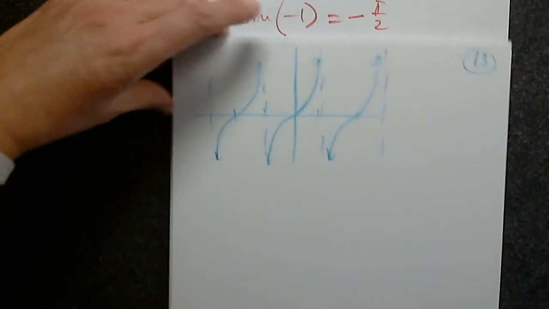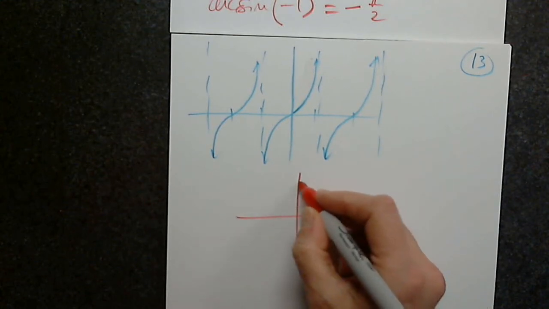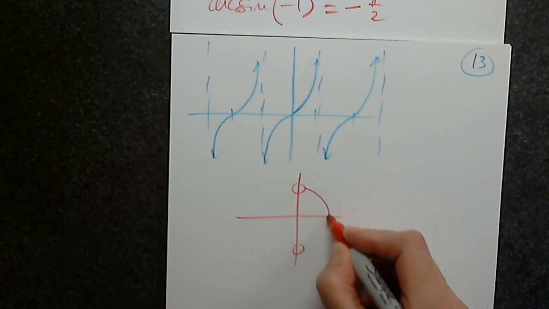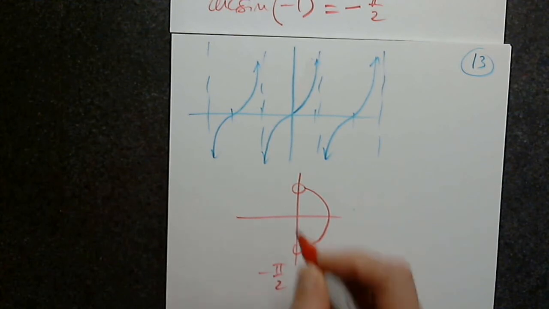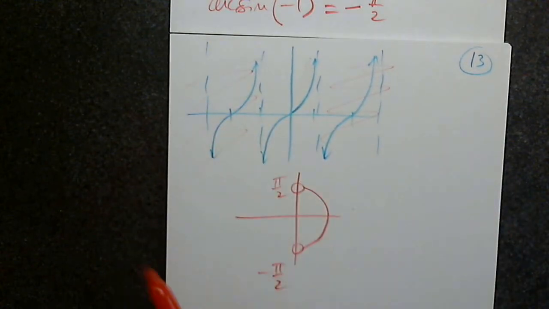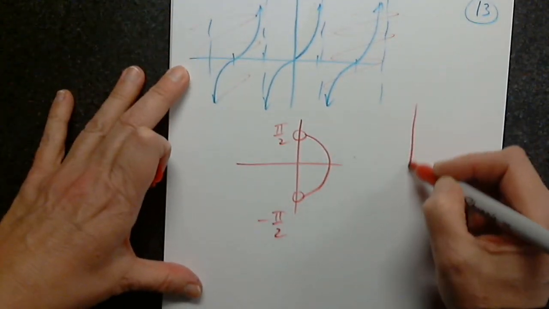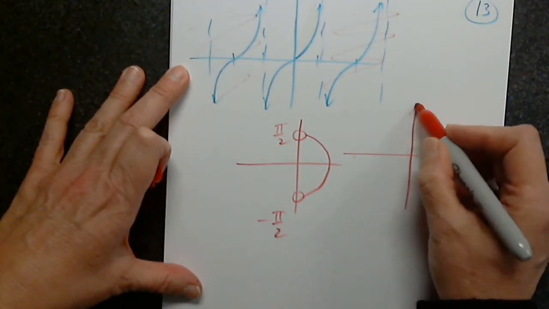So when you determine arc tangent, the answer must be somewhere between negative pi over 2 and pi over 2. This is out. And the arc tangent has horizontal asymptotes.